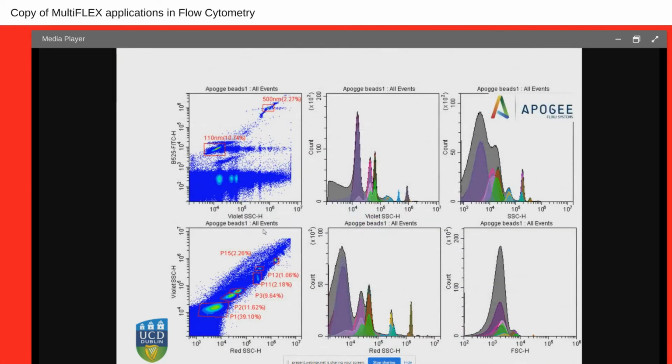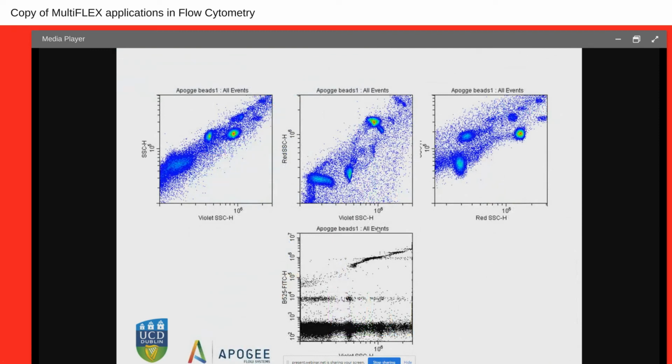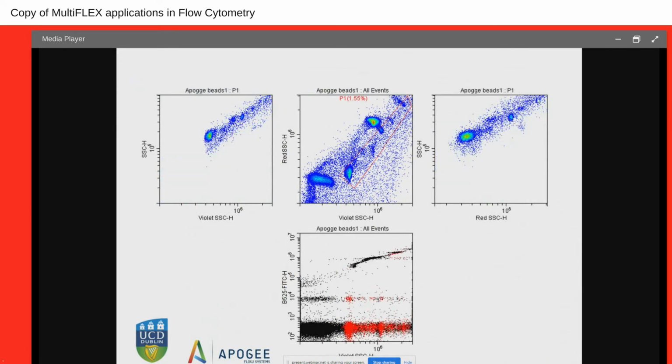When we look at the apogees, which are a different set of beads, and some of them have green labeling, we can see the advantage of working with the red and violet or red and blue is that we can differentiate that they are kind of 2 different diagonals. When we look at this one here, it goes to the top side on the blue versus red. Those are beads that do not have the green color.